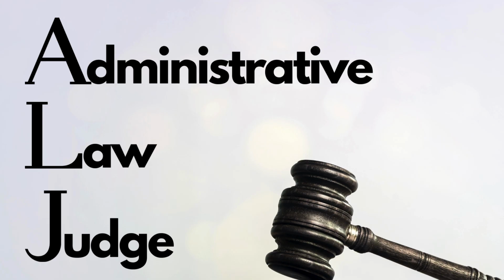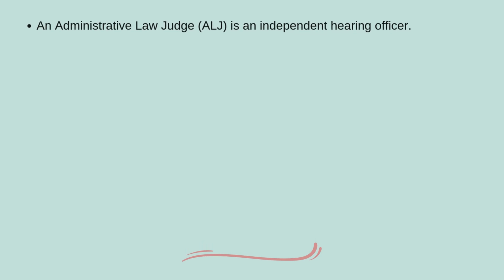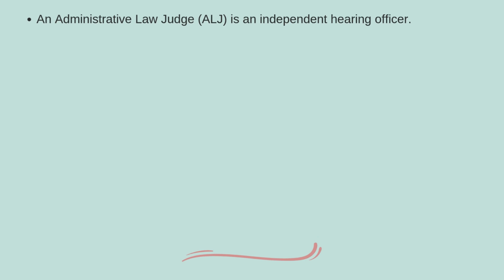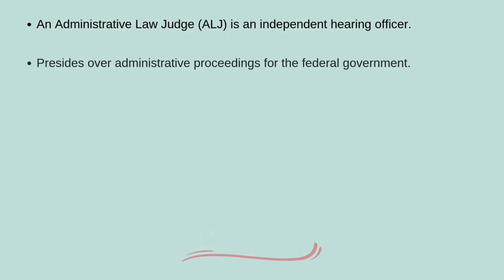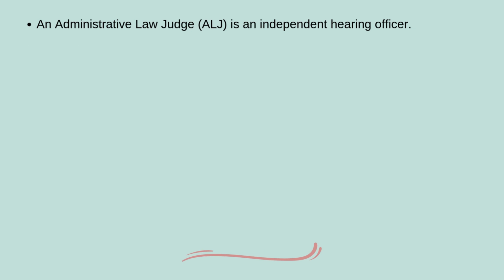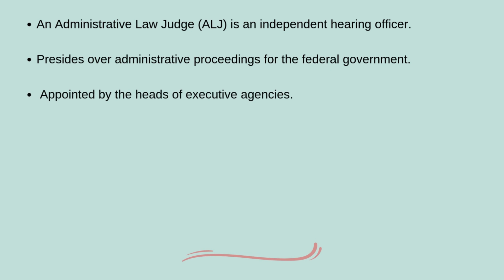And I'd like to go over some roles that the administrative law judge engages in. An administrative law judge, first of all, is an independent hearing officer. What does that mean? That the judge presides over administrative proceedings for the federal government. The judge is appointed by the heads of executive agencies.